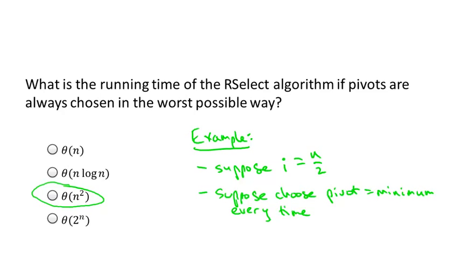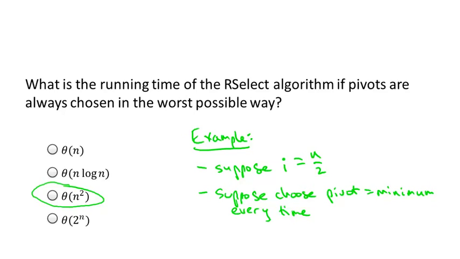If every time you choose the pivot to be the minimum, just like in quicksort, this means every time you recurse, all you succeed in doing is peeling off a single element from the input array. Now, you're not going to find the median element until you've done roughly n over 2 recursive calls, each on an array that has size at least a constant fraction of the original one. So that's a linear number of recursive calls, each on an array of size at least some constant times n, so that gives you a total running time of quadratic overall.